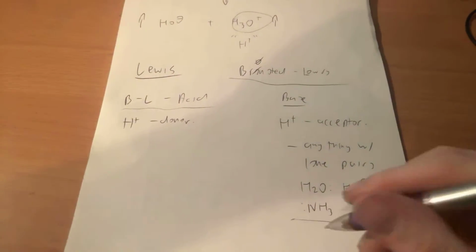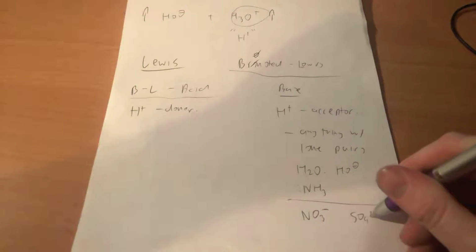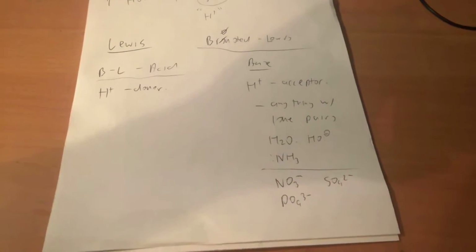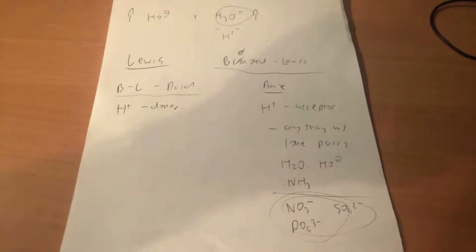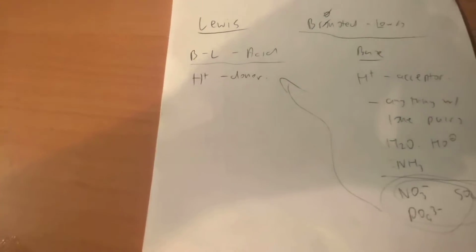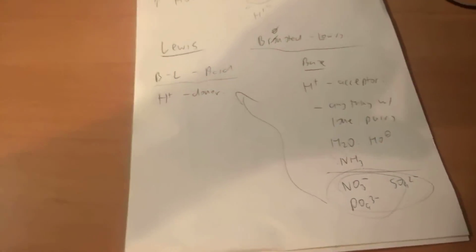So for instance, if you take nitrate, sulfate, phosphate, etc., these don't like to take protons as much, which is why we're going to put these over here, because if you have a proton attached to these are what make what are traditionally called the mineral acids.